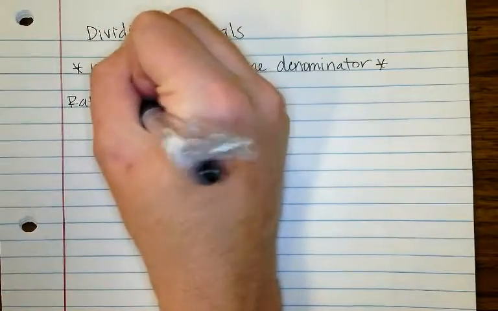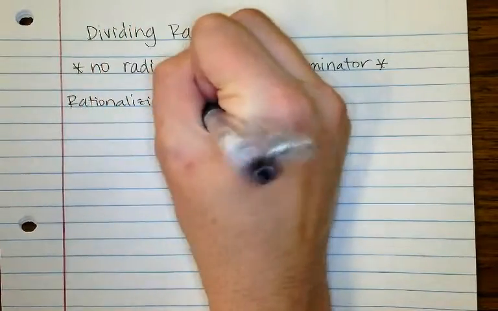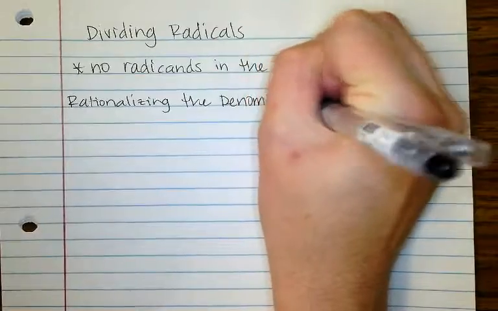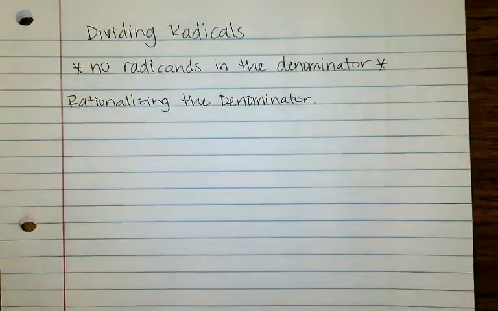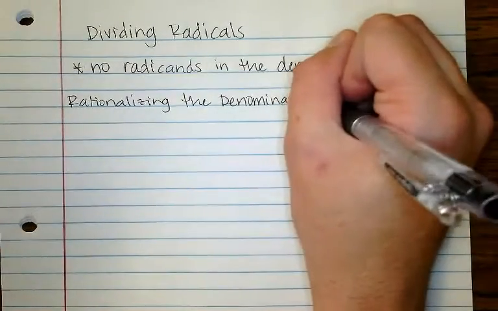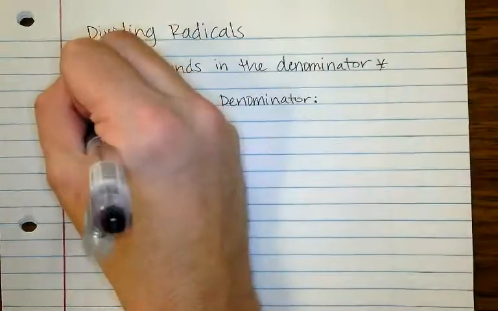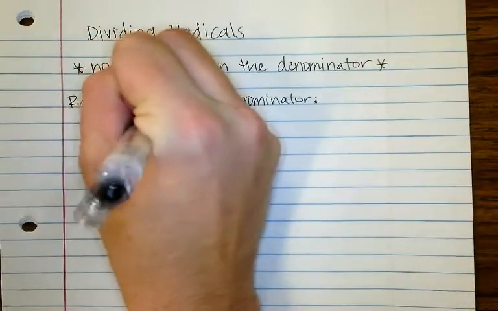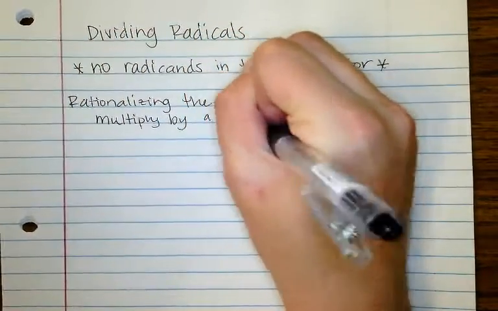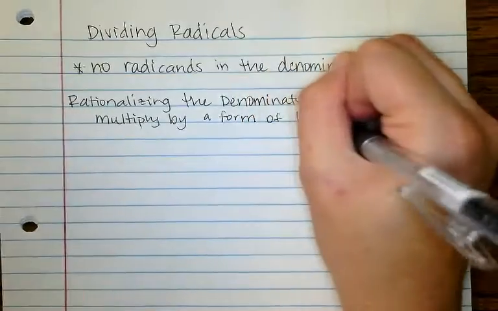And how you rationalize the denominator is you multiply it by a form of 1 to remove the radical from the denominator. So, we are going to rationalize the denominator, and you multiply by a form of 1 to remove the radical from the denominator.